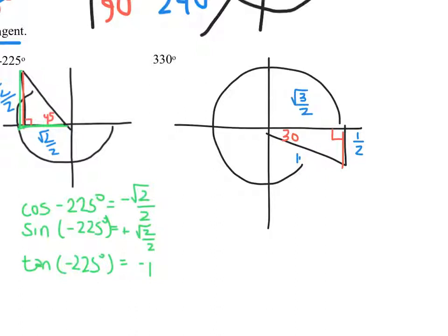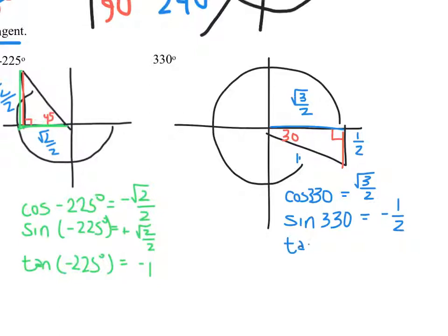So my cosine of 30 is going to be adjacent over hypotenuse, so it's going to be root 3 over 2, or the x value. Oops, this should say cosine. It's going to be positive because I'm going right. The sine of 330 is going to be negative 1/2 because I had to go down.